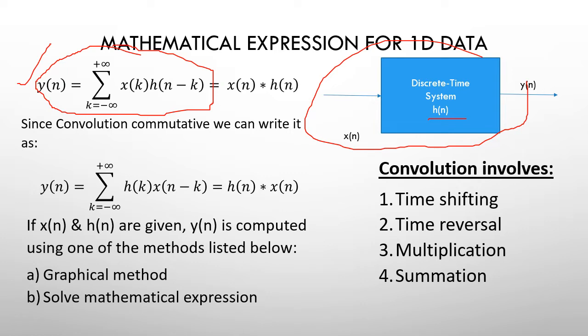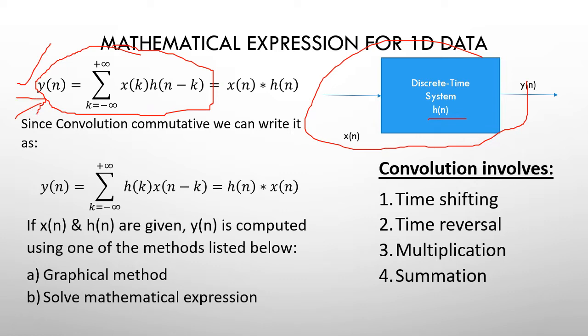So you can obtain y of n when x of n and h of n are given, provided the system is LTI. In this video, I am not talking about what is LTI, and I will also not derive this particular expression. This expression will not be derived.